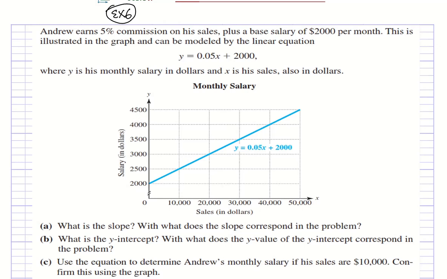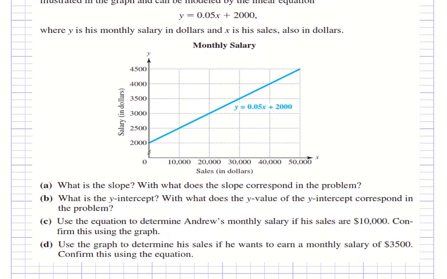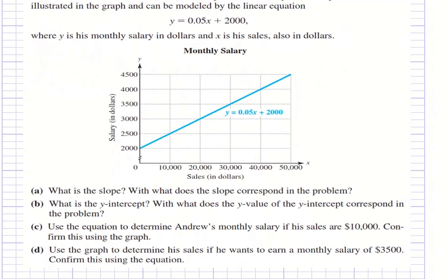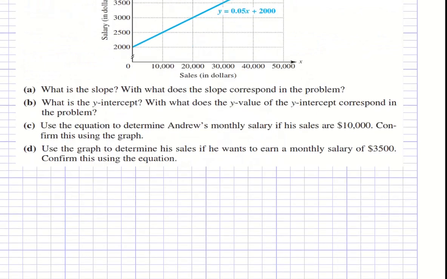So what they want is, you are given a linear equation. What is the slope? What does that slope correspond to in the problem? They want you to find the slope. Don't forget we spent a lot of time on that.